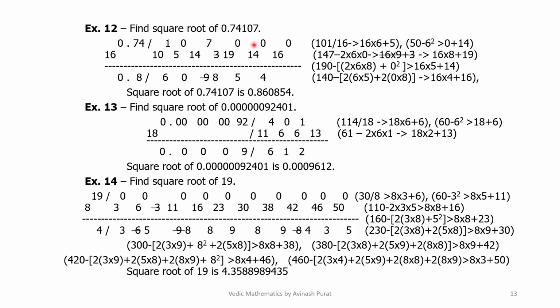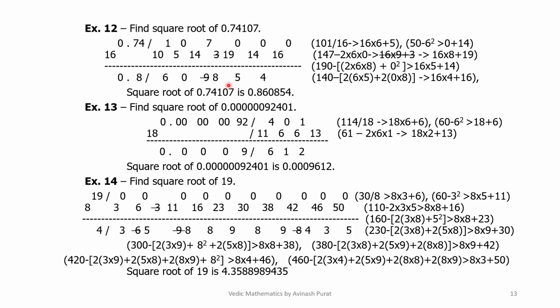Next dividend would be 30, minus 2 into 6 into 9, that will give a negative figure. So we take the quotient as 8 and the remainder is 19. So 190 is the dividend, minus 2 into 6 into 8, that is 96. 190 minus 96 is 94.